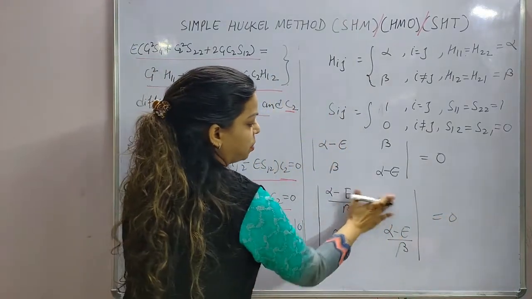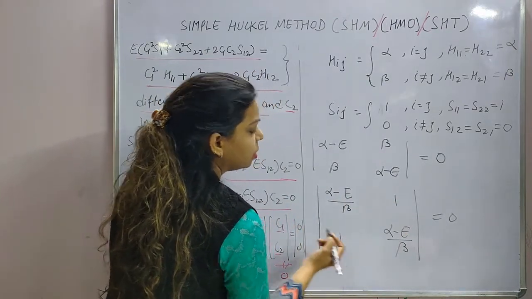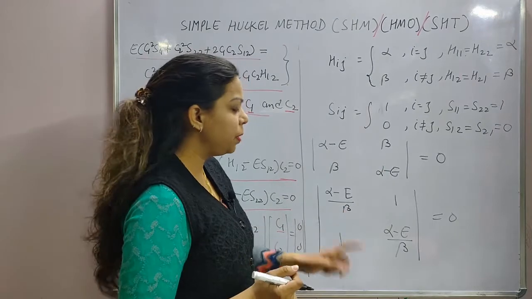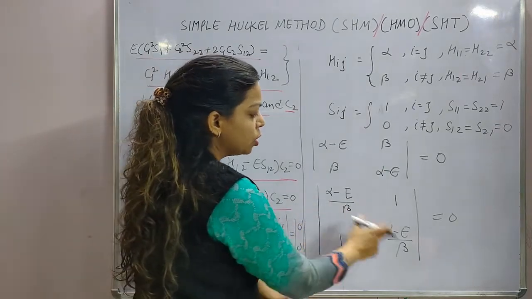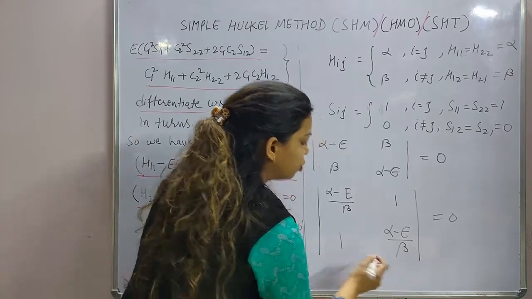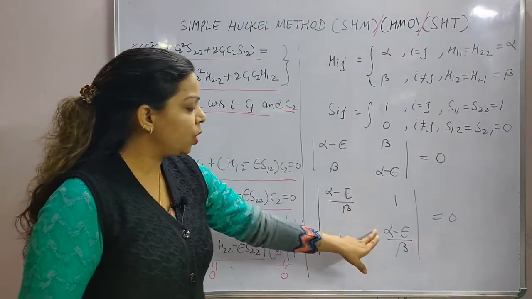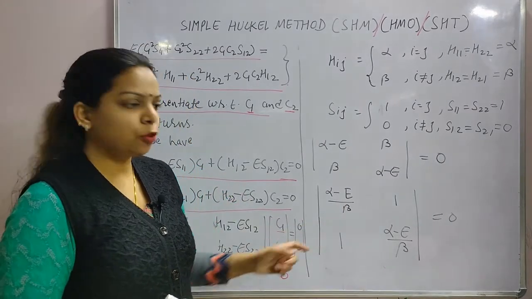Now this term becomes 1, and this again becomes 1. I am just doing it to simplify it because I am going to solve it and find an expression for energy. So now it has become very simple. You can simply calculate the expression for energy from this.